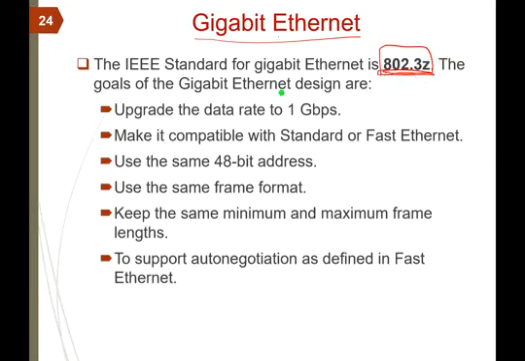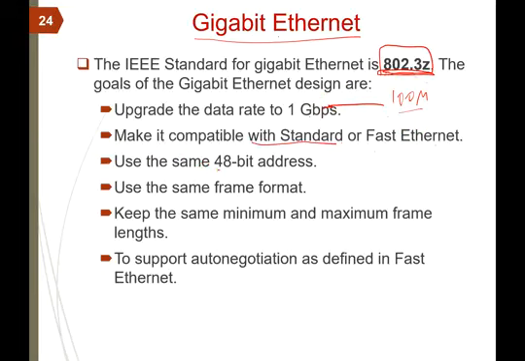The goals of gigabit Ethernet design are: upgrade the data rate from 100 megabit to 1 gigabit per second. Make it compatible, again, this is important, with standard or fast Ethernet. So even though it's 1 gigabit, it can still work with 100 megabit per second, or fast Ethernet and standard Ethernet.